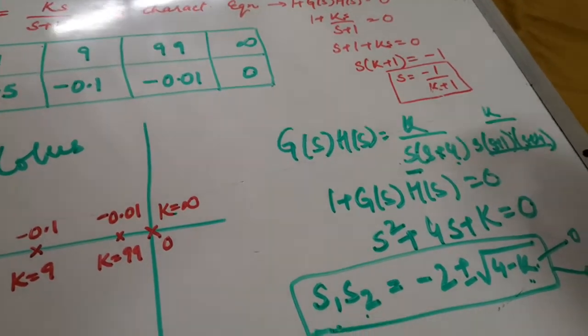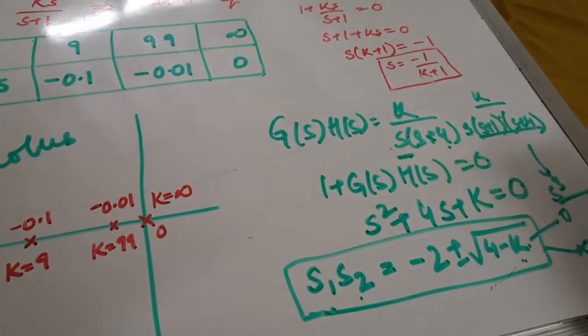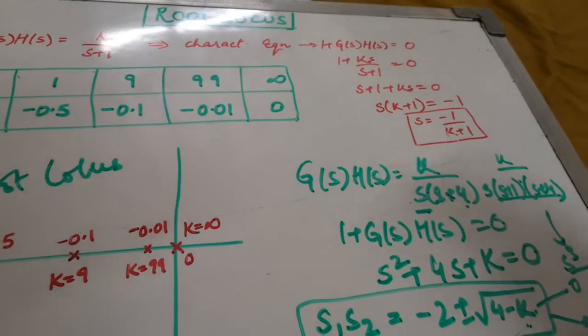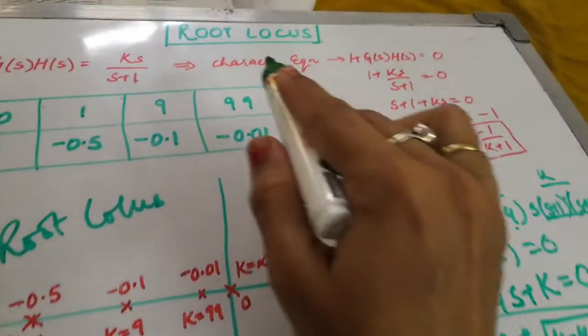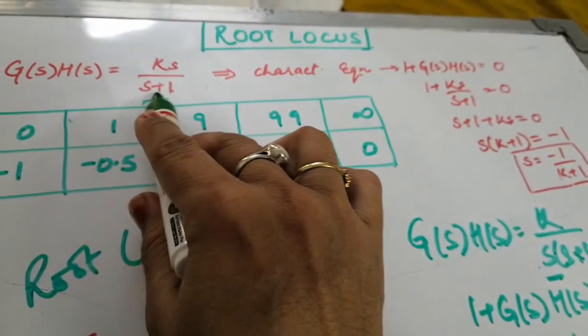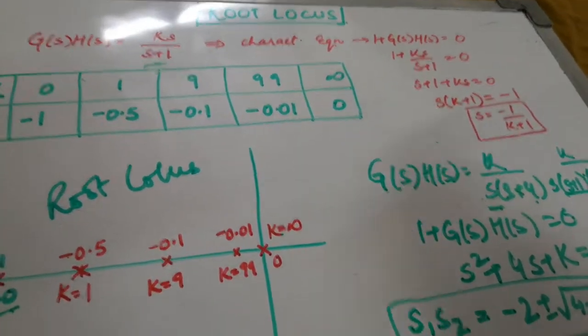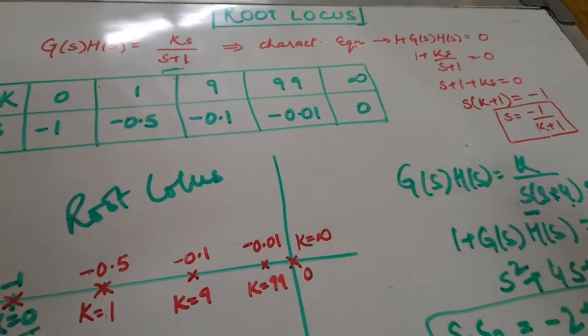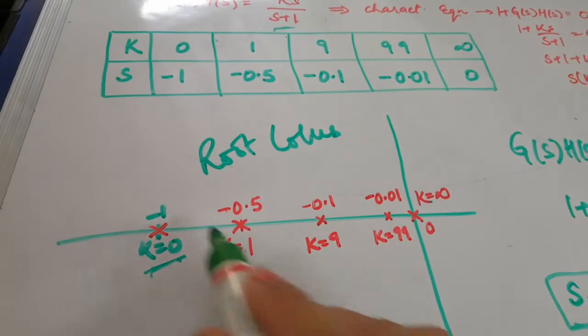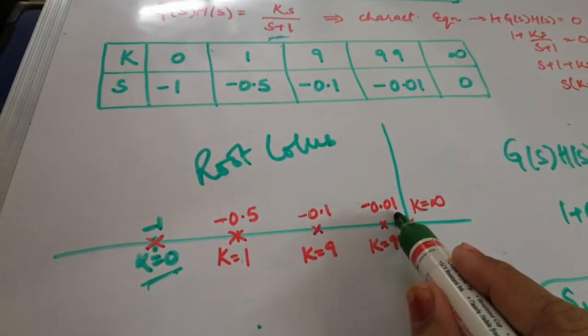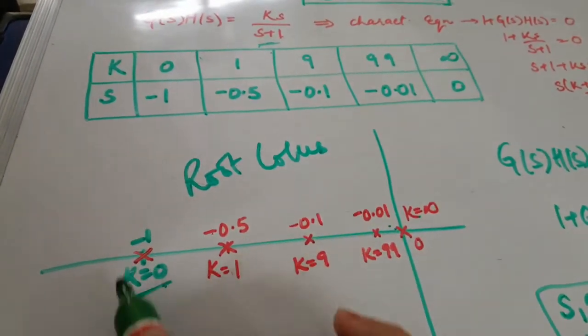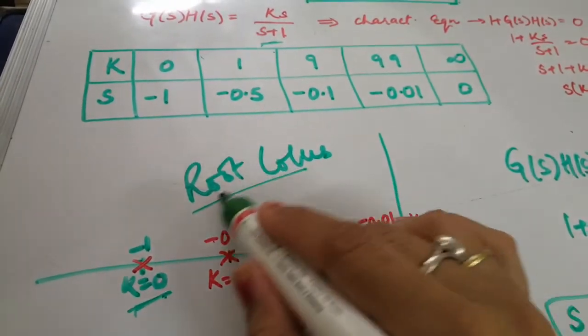Then I will get a cubic equation in S. So as the order of the system keeps increasing, the complexity of calculating the roots increases. To simplify this procedure, we go for the root locus method.